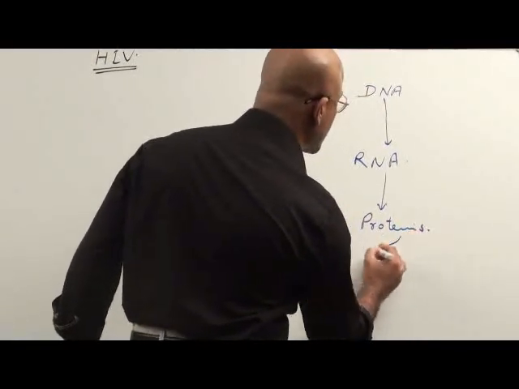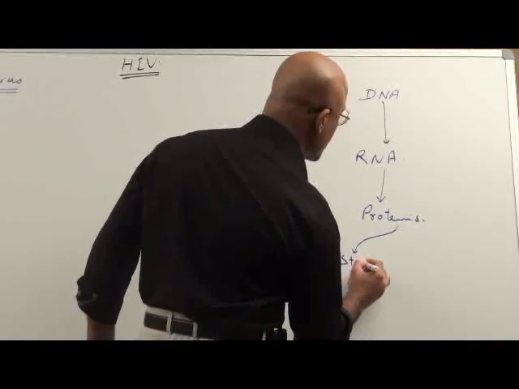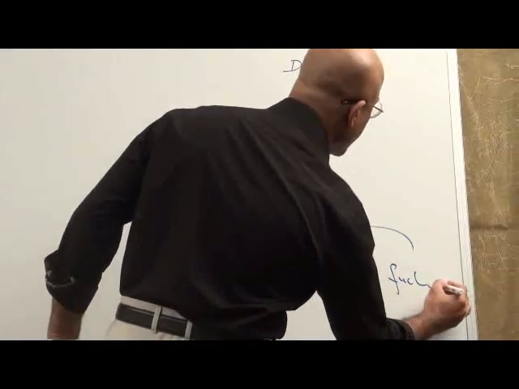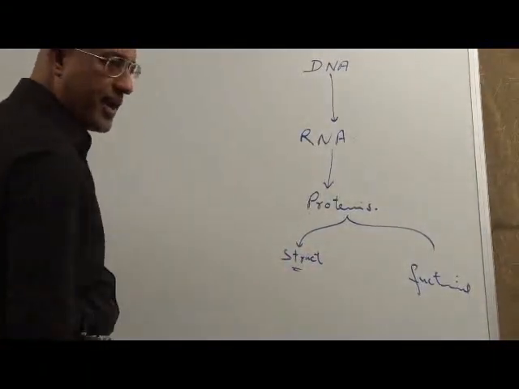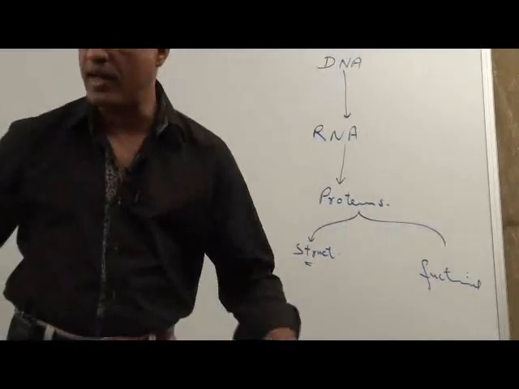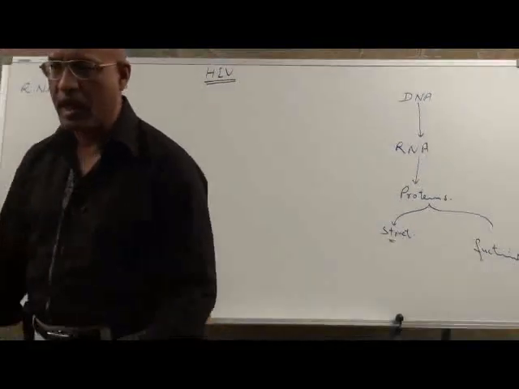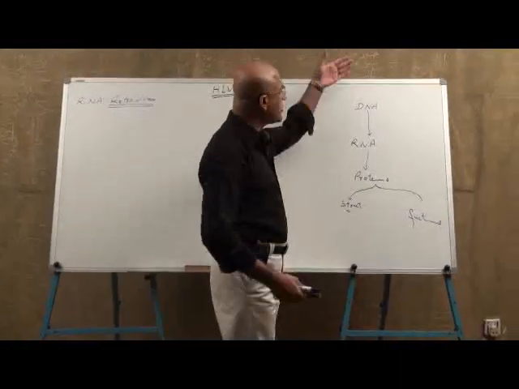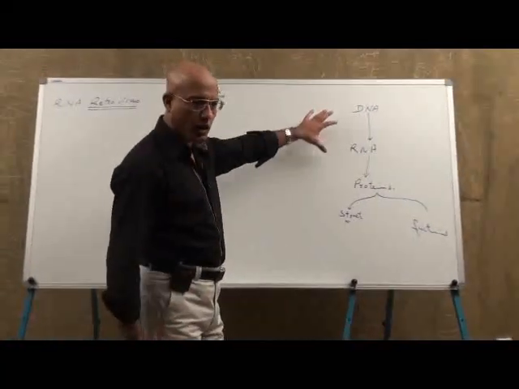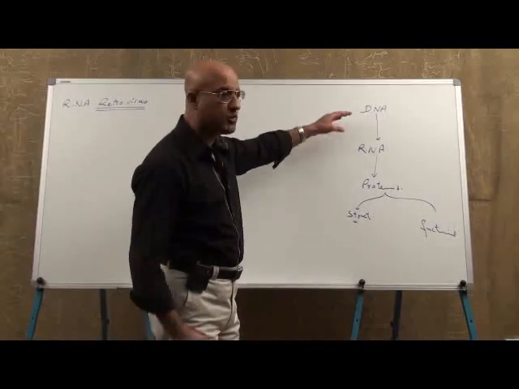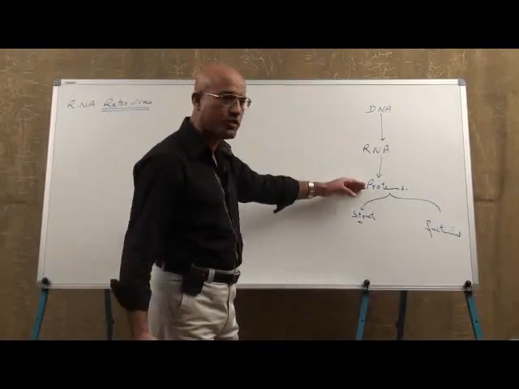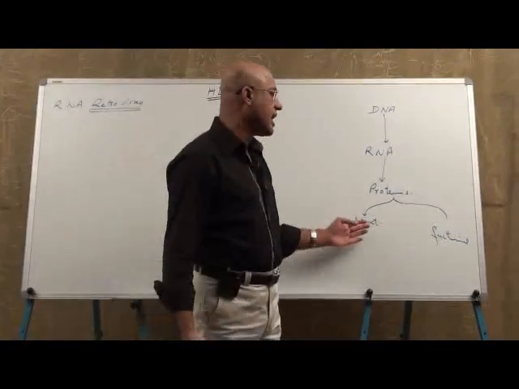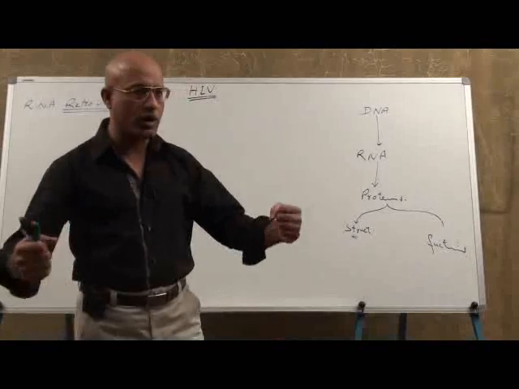Proteins which are structural proteins and functional proteins, right? So in this way structure is made, and functional proteins act as enzymes and regulatory proteins, and the biological world is running. This is the central dogma. This is the basic principle in the biological world, right? The DNA transcribes into RNA and RNA eventually translates into proteins, and proteins are basically building blocks as well as the functional workhorses.